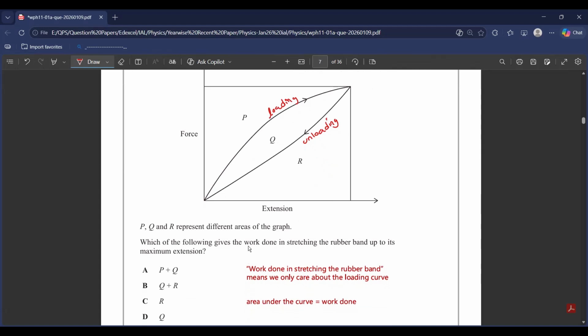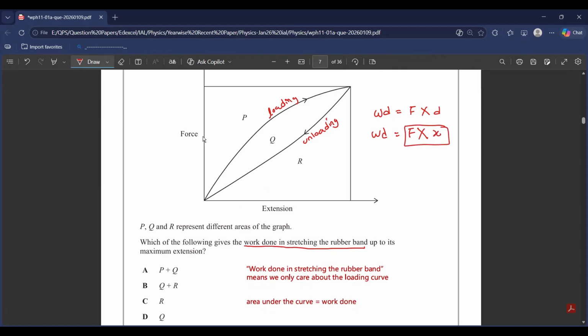They have said work done in stretching the rubber band, which means they mean the loading one, right? Where you are exerting the force and the rubber band is stretching. So we are talking about the loading graph. Now, what do we know? Work done is equal to force times distance. In this case, the distance is extension. So work done is equal to force times extension, right?